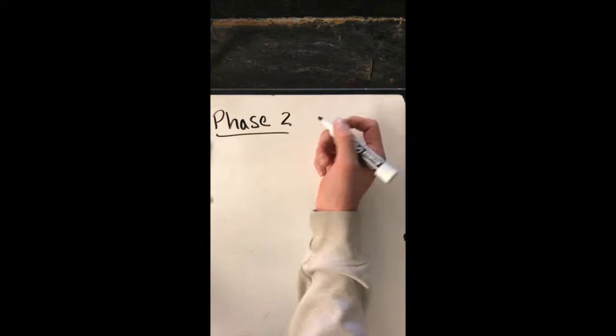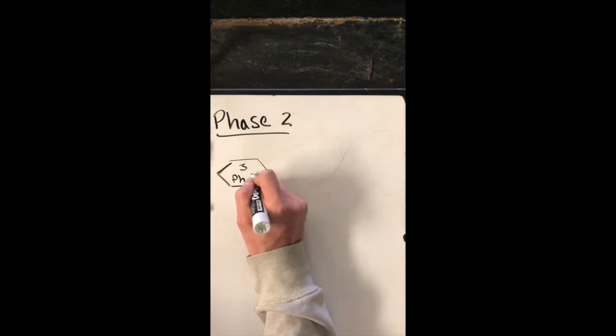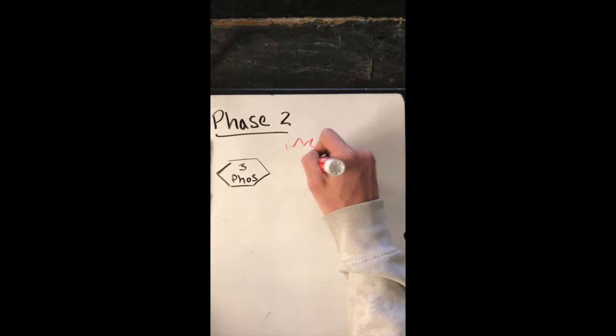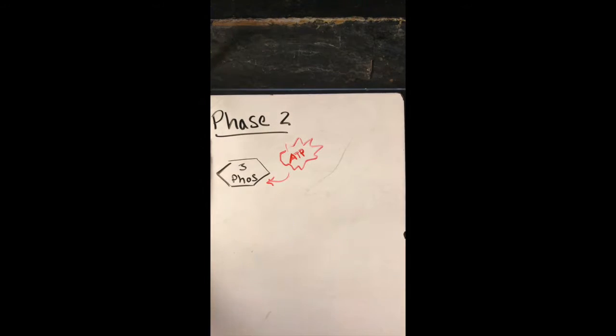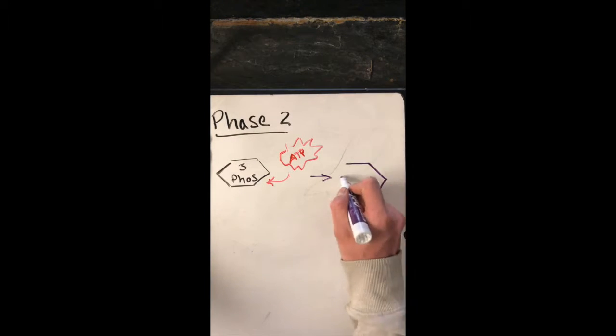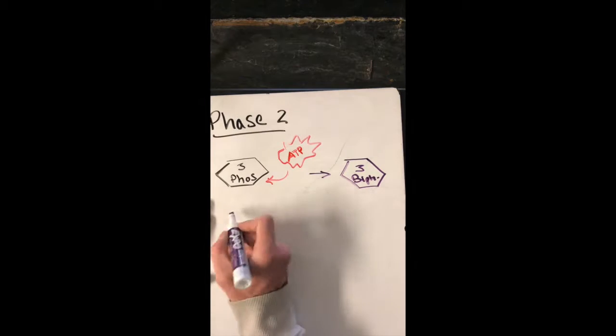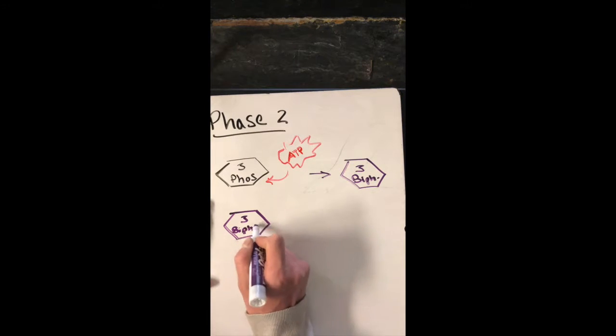Phase 2: reduction. Each 3-phosphoglycerate gets another phosphate group from ATP, making each of them 1,3-bisphosphoglycerate.